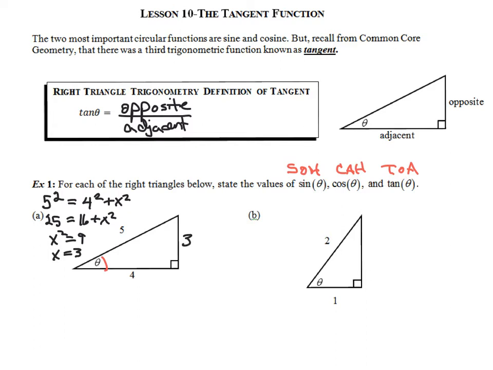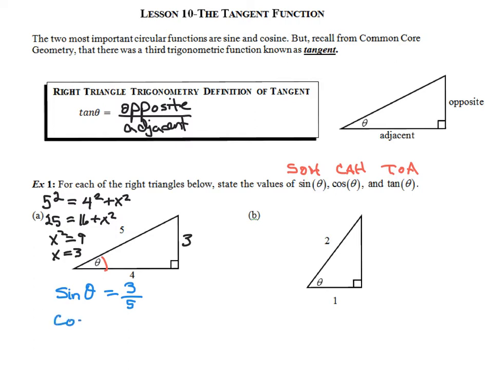Now we're able to use all three sides to identify the sine of the angle, the cosine of the angle, and the tangent of the angle. Please notice that we're not ever talking about what the angle measurement is. We're just talking about these trig ratios. So let's go ahead and do the sine of theta. Sine is, of course, opposite over hypotenuse. So from that angle, the opposite side is 3 over the hypotenuse is 5.